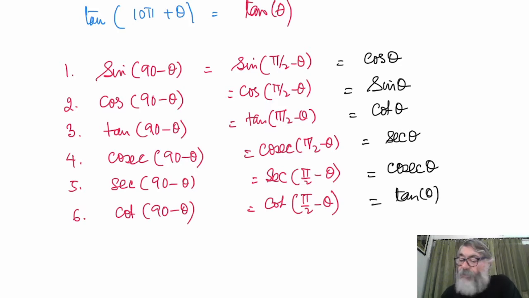In the first quadrant, all the ratios are positive, so plus sign is there.